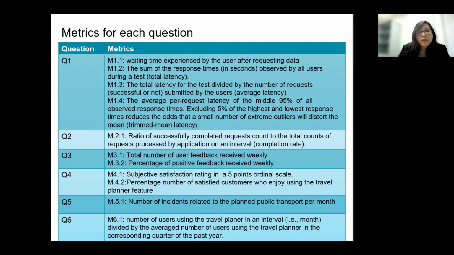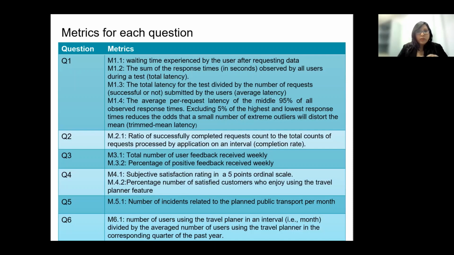For example, total number of user feedback received weekly, or percentage of positive feedback received weekly, number of incidents related to the planned public transport per month. So these are examples of metrics.